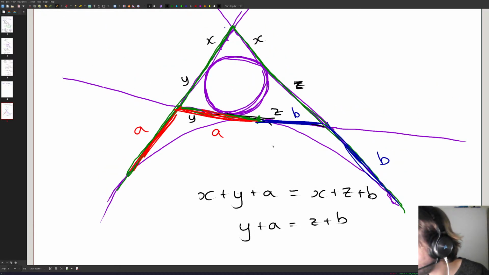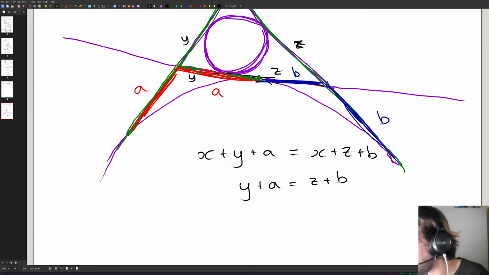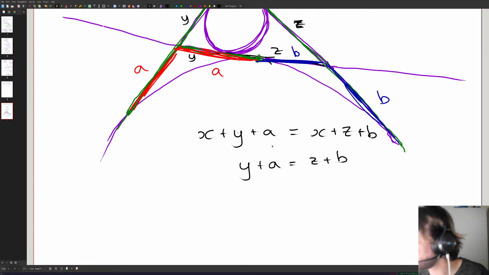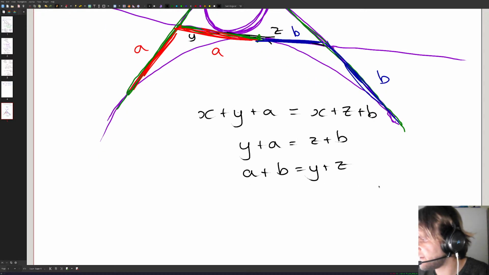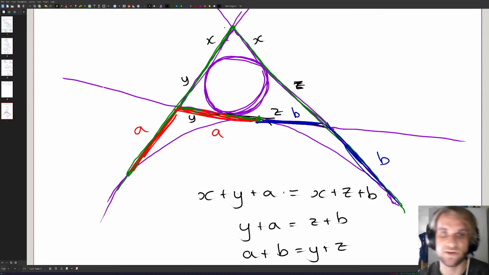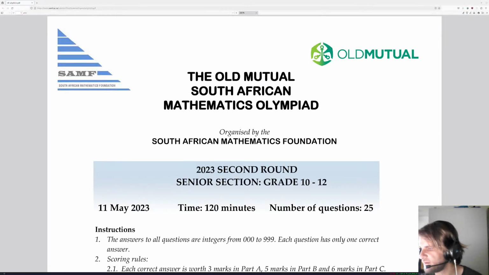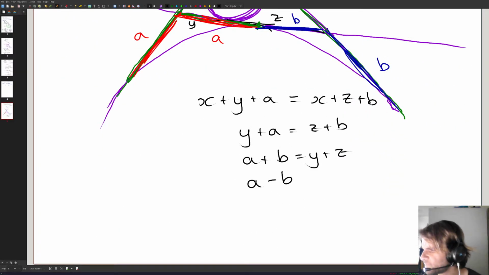What else do we know? We know that A plus B is y plus z. So this gives us two equations that we can solve. A plus B is y plus z, and A minus B, at least in this diagram where A is the longer one and B is the shorter one, is z minus y.